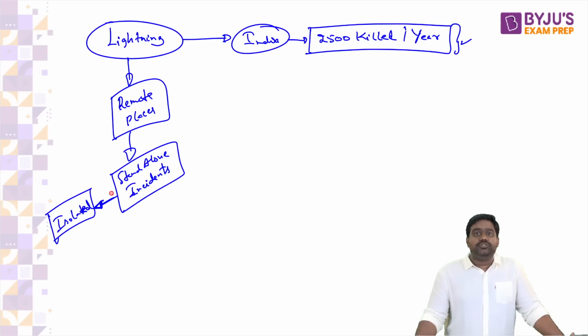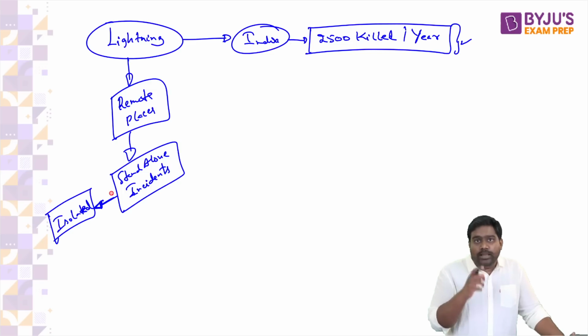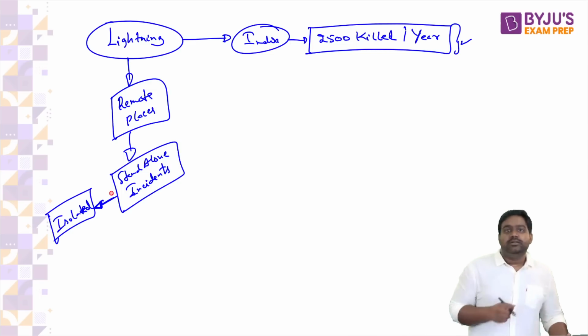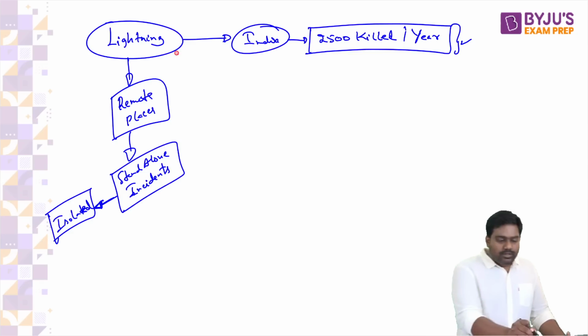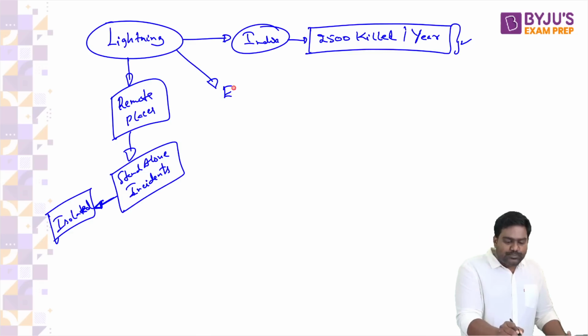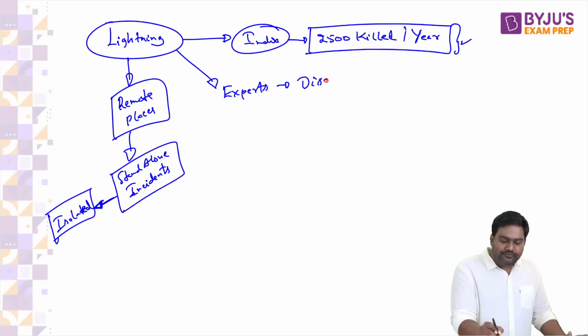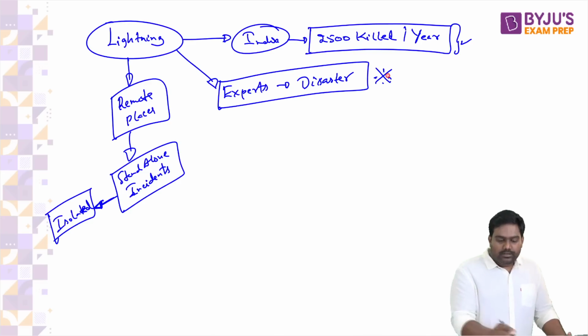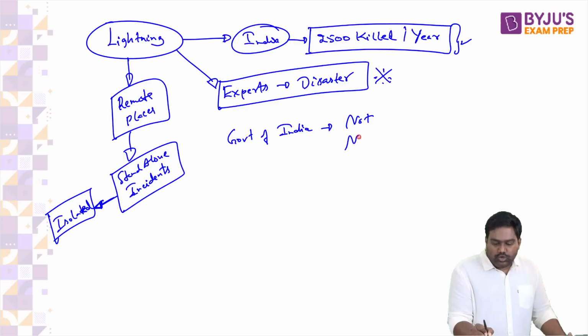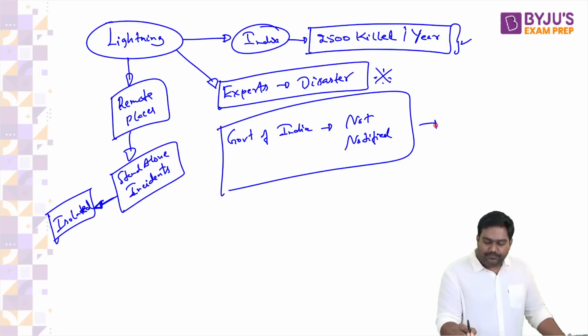Data clearly shows that more than 1 lakh Indians have been killed in the last 30 to 40 years. So experts believe that lightning should be classified as a disaster. However, the government of India has not notified lightning as a disaster.